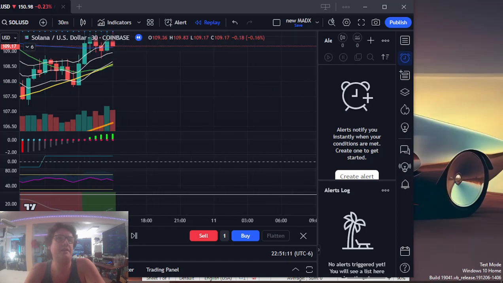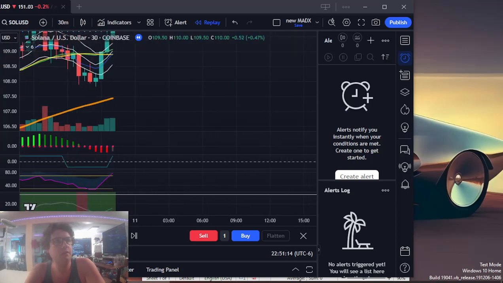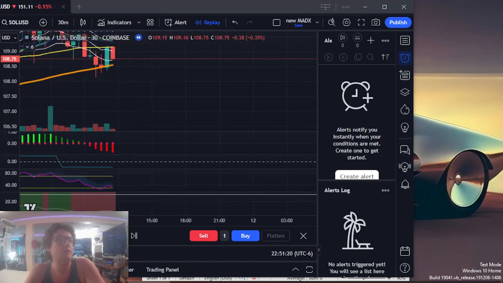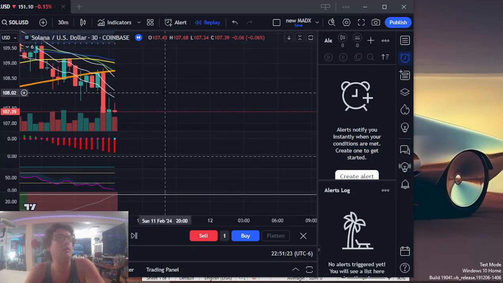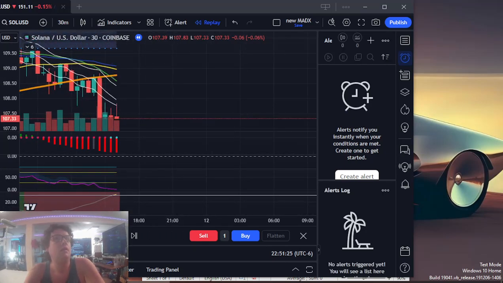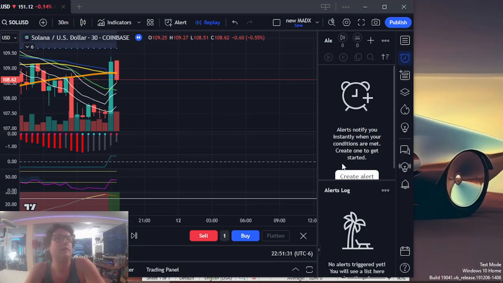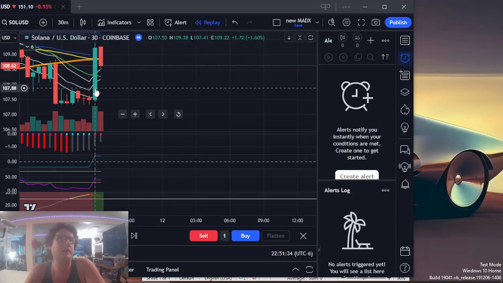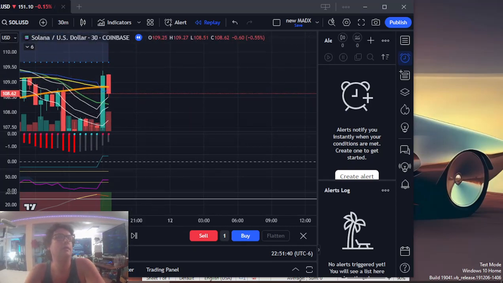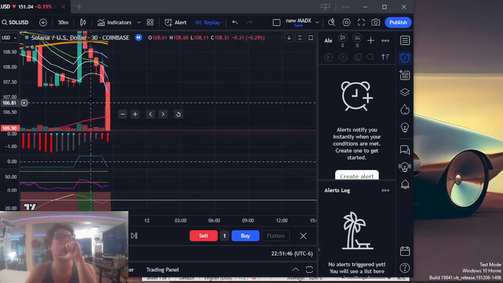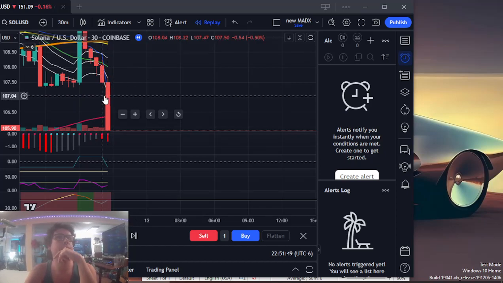So let's wait for our ADX to get above 25. See if that was 1. 1, 2, 3. Nope. One, 2, nope.